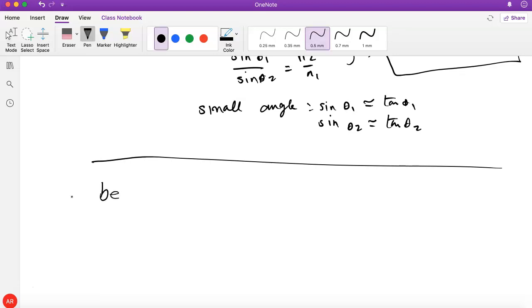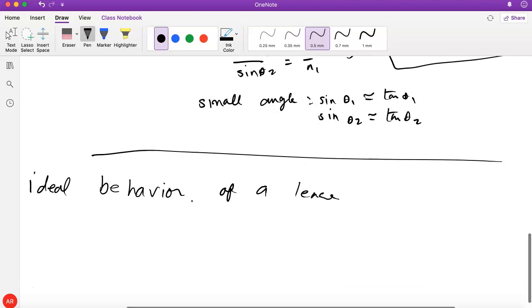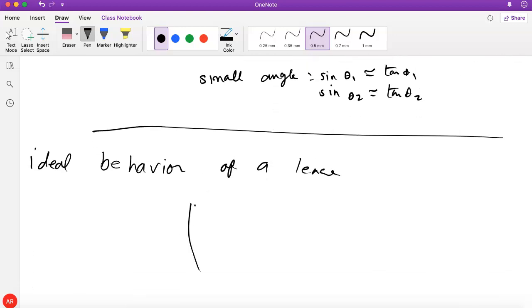So let's say ideal behavior of a lens. So let's say you have a converging lens here.